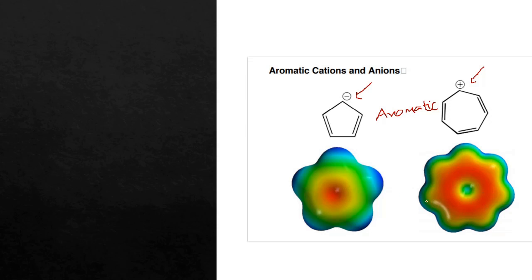This is what we need to understand: even though the molecule is aromatic, whether it is aromatic because of the presence of negative charge or because of the presence of positive charge makes a subtle difference in the reactivity and energy profile of the molecule.